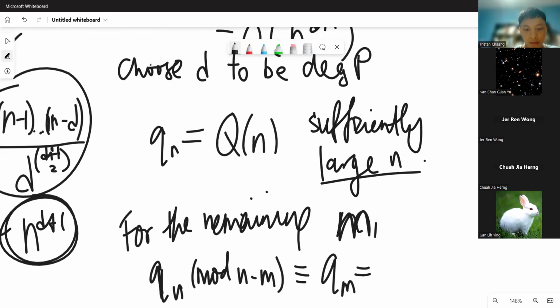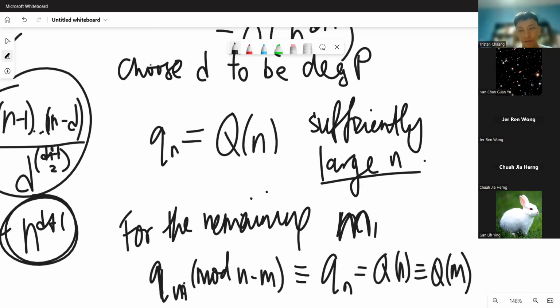Hang on, what am I writing? Sorry, no, this is Qn, congruent to Qm for large m. So you increase n to infinity, then you can prove that qm is equal to Qm. So we're done.